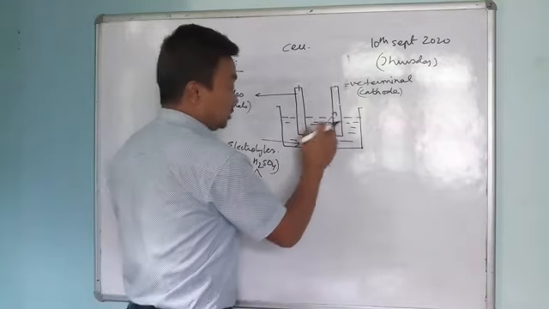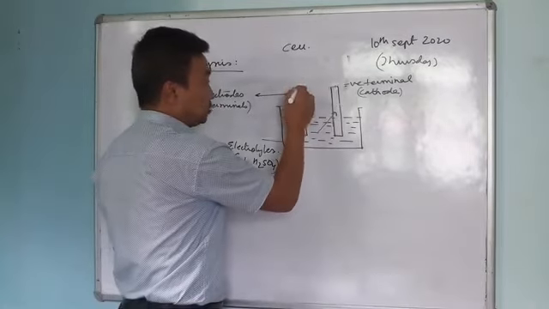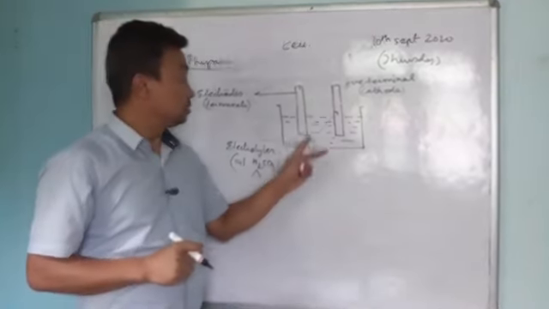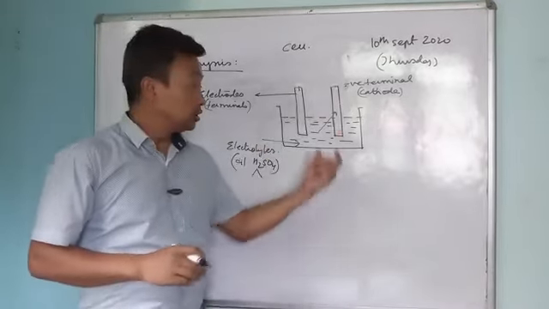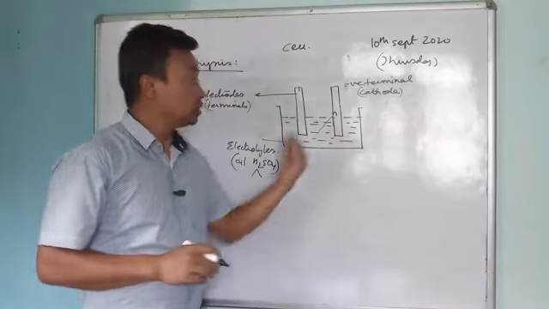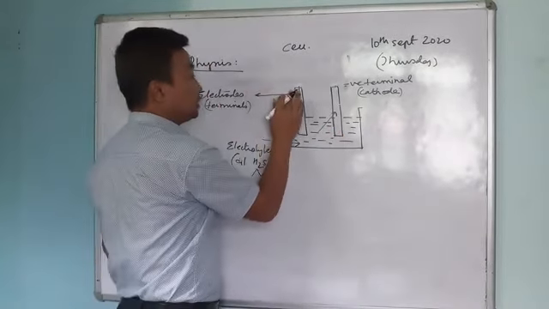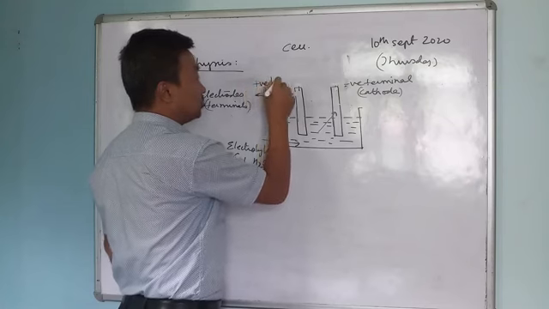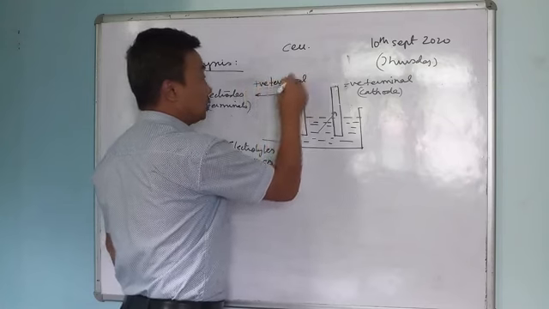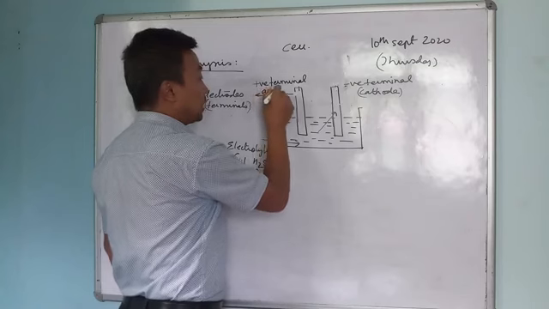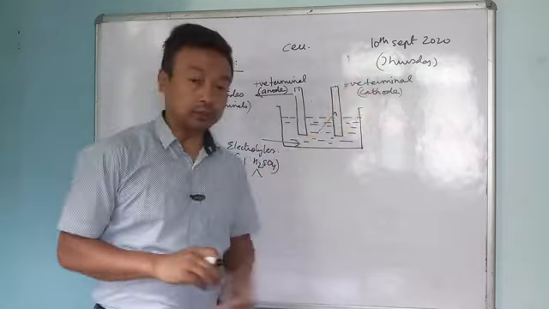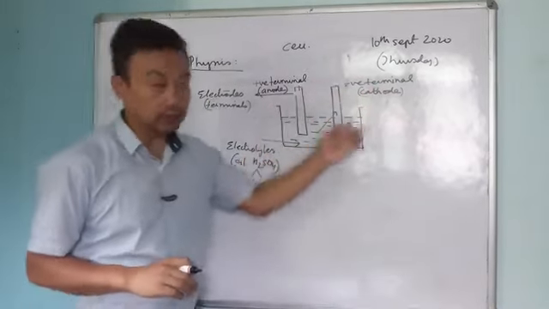If you look at the other electrode, the positive ions will move towards that and it will become the positive terminal, and this is known as the anode. So basically this is the basic picture of what happens in a cell.